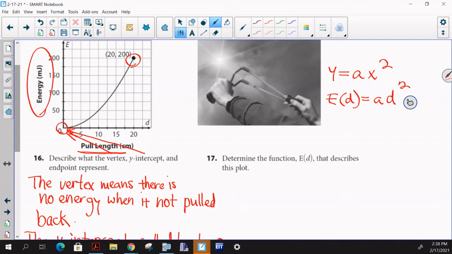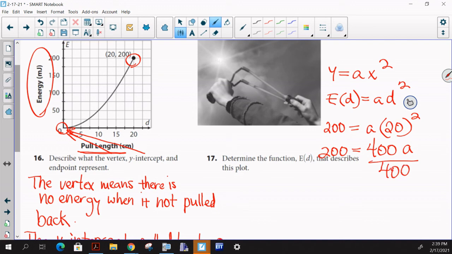What I want to figure out then is what is the value of A? And so for y, I will substitute 200, and for D or x, I'll substitute in that value 20, and I'll need to square that value. And that's 400, so my function becomes 200 equals 400A, and I'll divide both sides by 400.